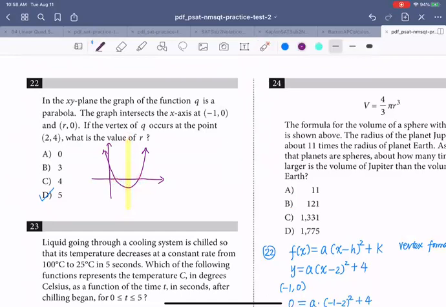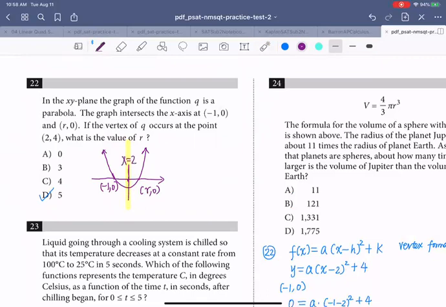So yes. You have one point at -1. I'm going to say here at (-1, 0). Here at (r, 0), right? Yes. And here, this is x equals 2, right?